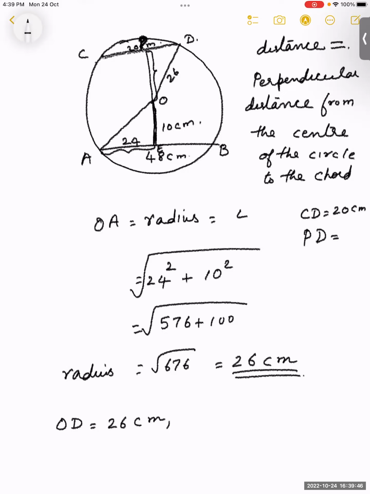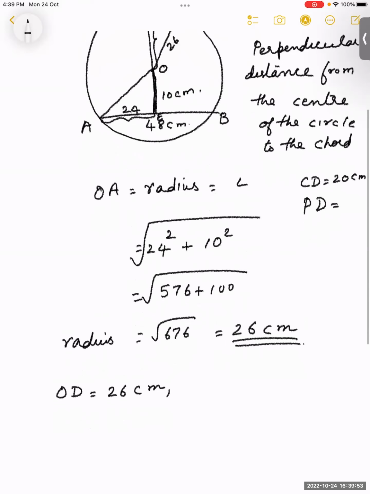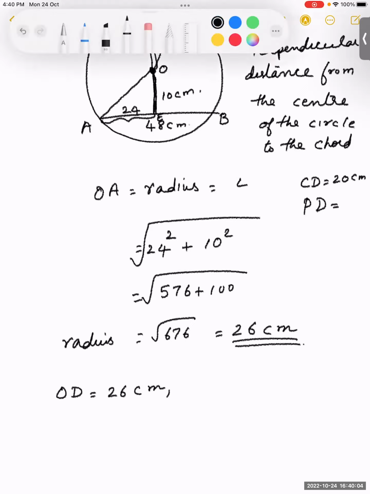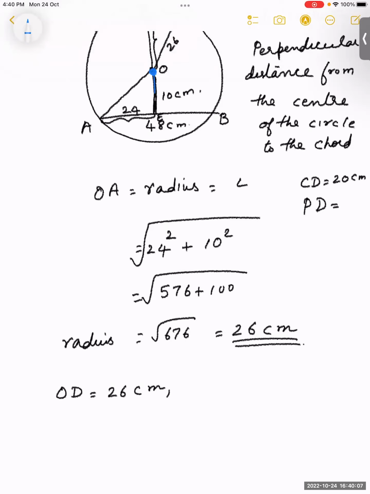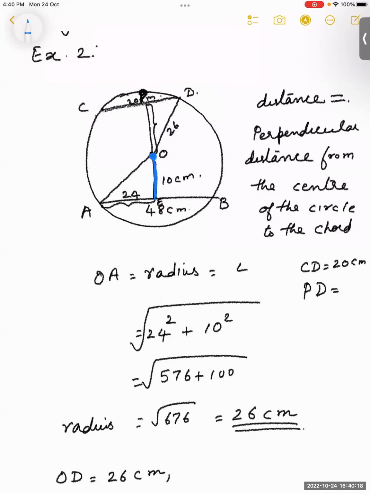Okay, so we learned a theorem in the last class: when you draw a perpendicular from the center of the circle to a chord, that perpendicular bisects the chord.